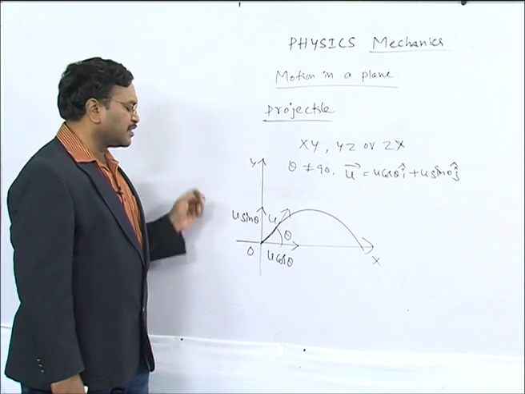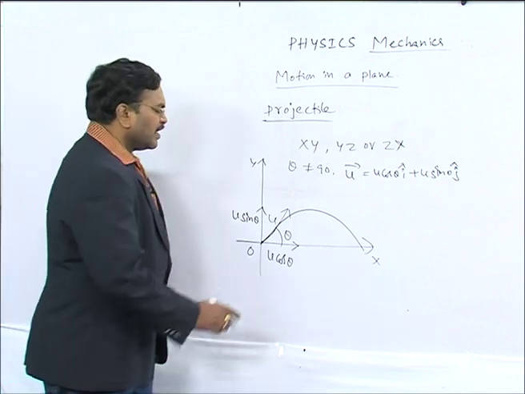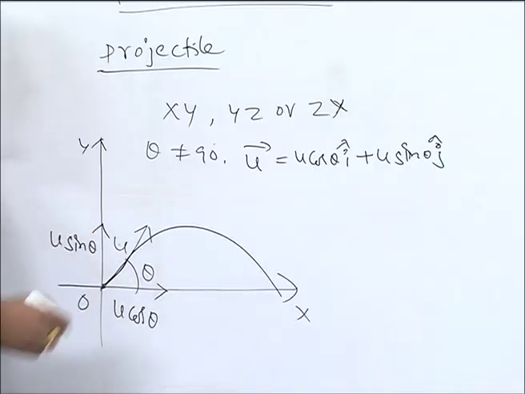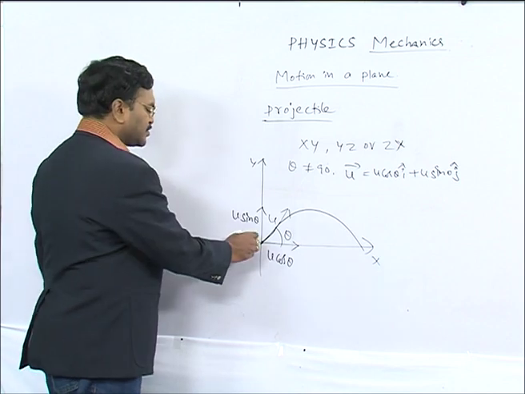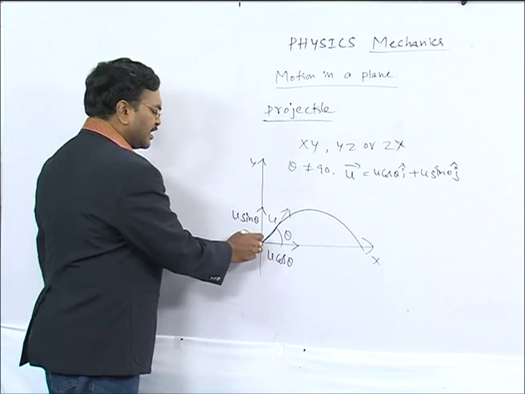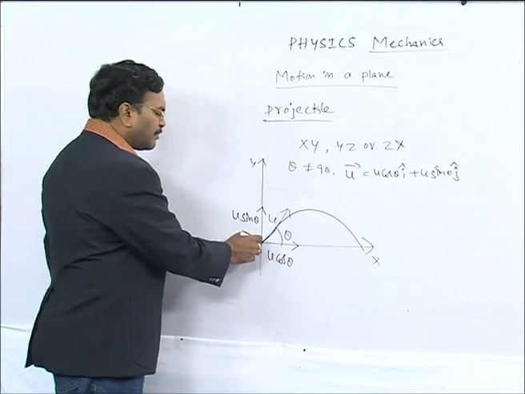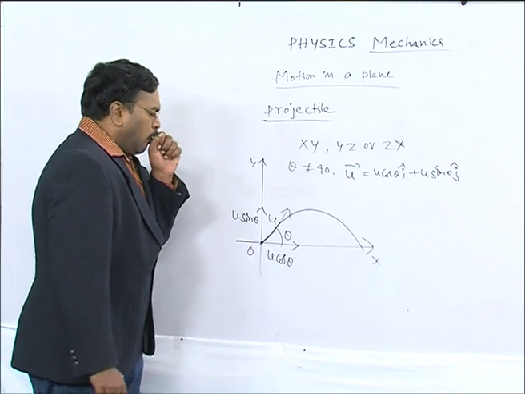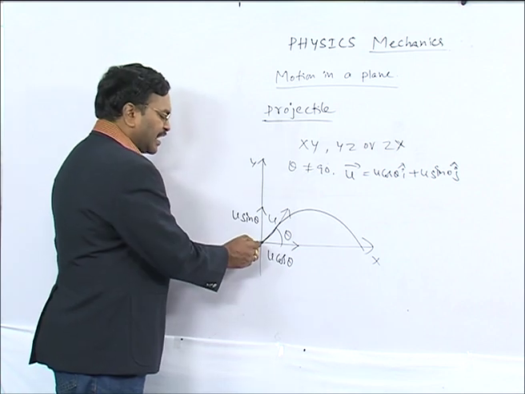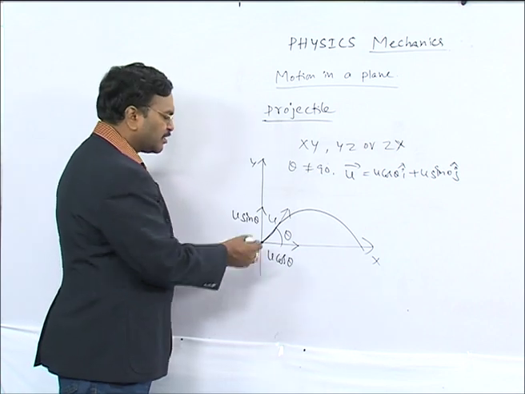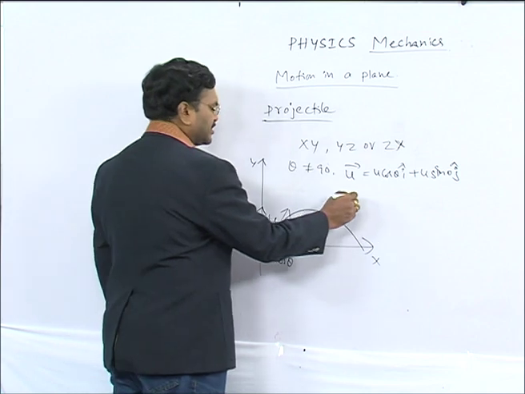Now, the body experiences acceleration always acting downwards, towards the center of the earth. That is why, at the point of projection O, the angle between acceleration due to gravity and velocity at the point of projection is how much? 90 plus theta.